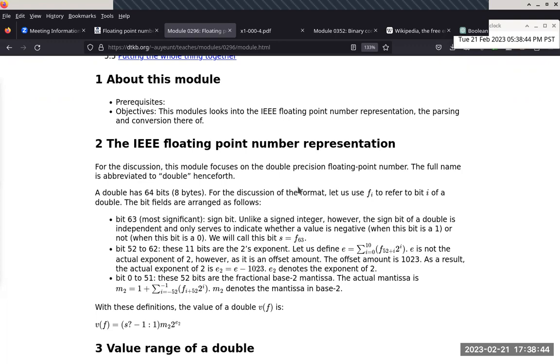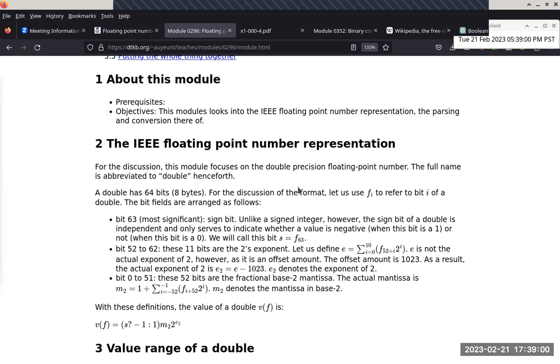So 52 plus i, the entire thing, describes the position of the bit that we're paying attention to. You might want to write that in your notes, just to be very clear of what this notation is trying to say.